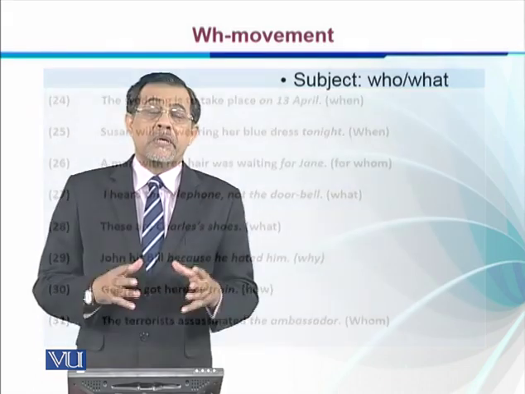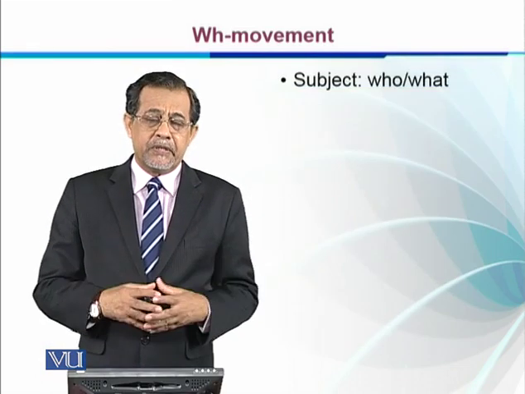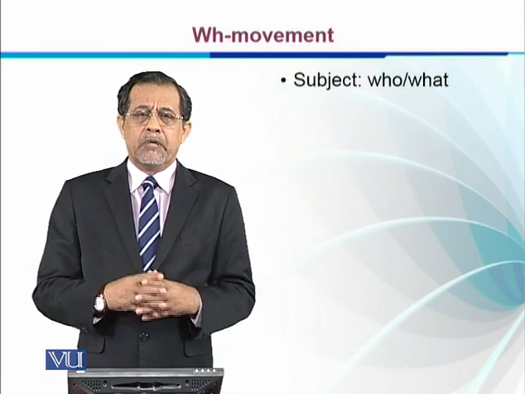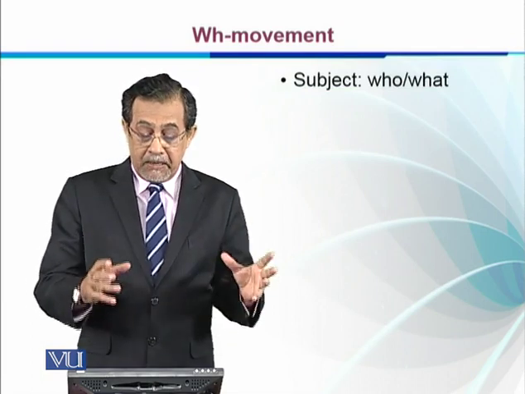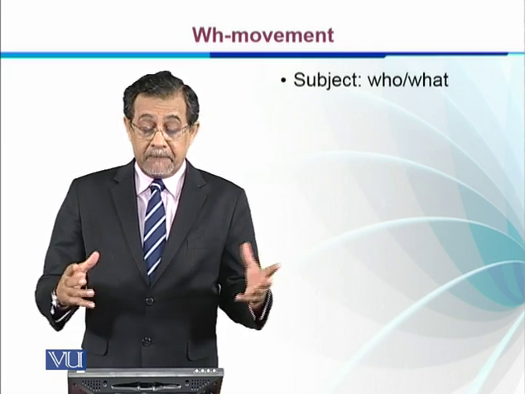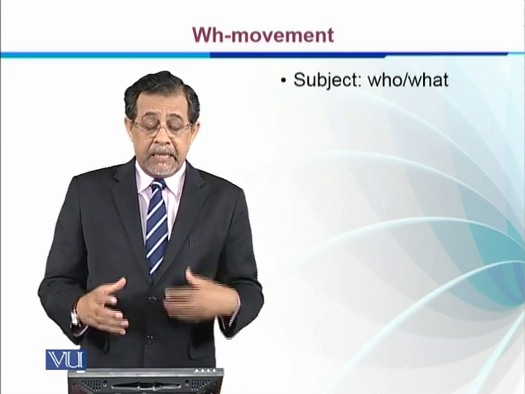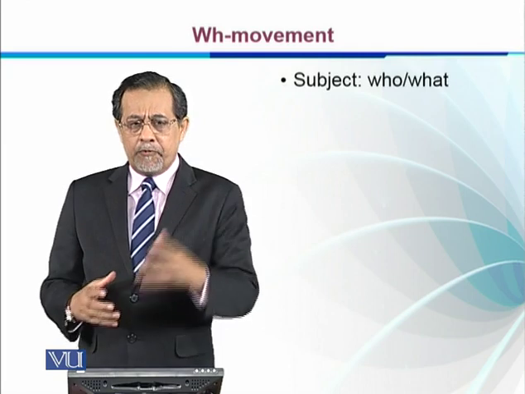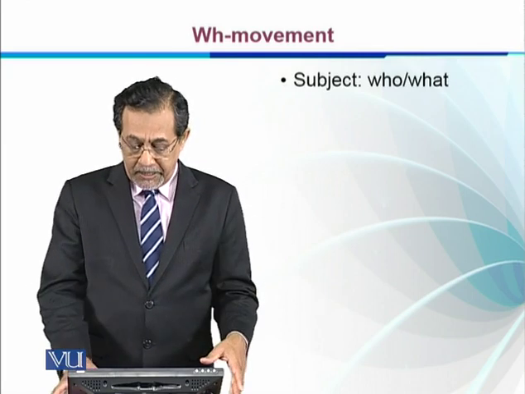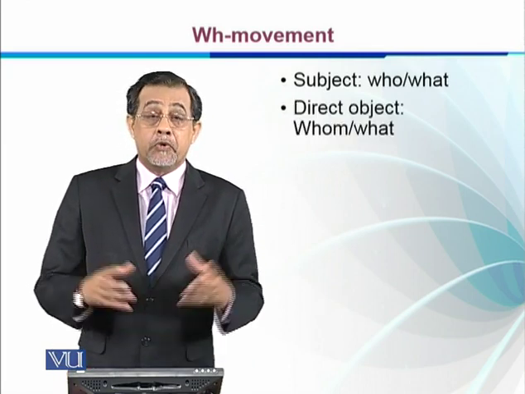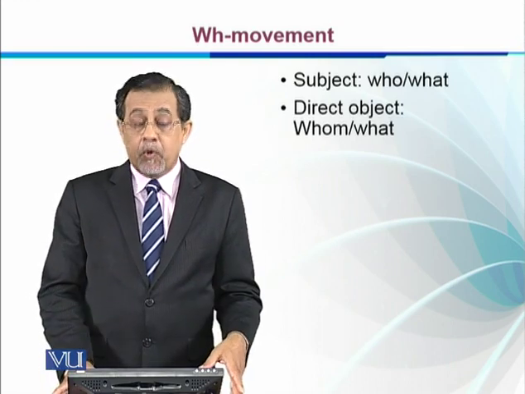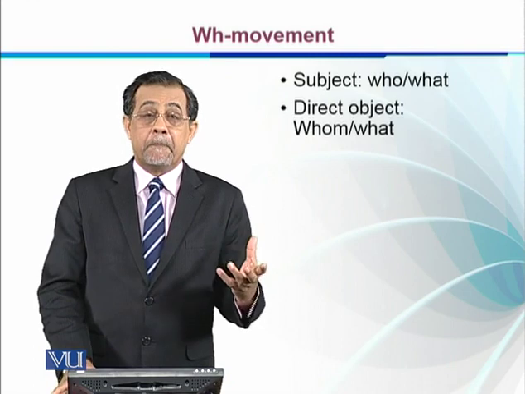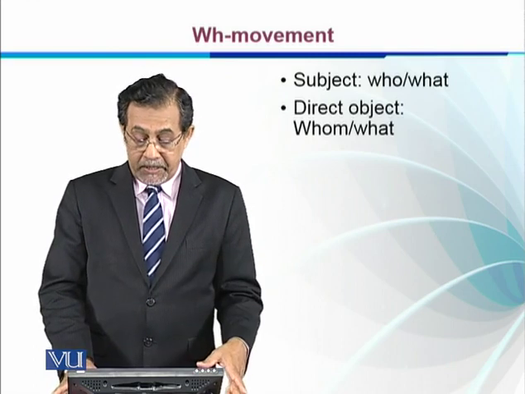If we look at this in terms of the constituents of the sentence, we have certain WH words if we do not know that constituent. For example, if we do not know the subject, we have either who or what: who for a person and what for a thing. If we do not know the object, whether direct or indirect, we have whom or what: whom for a person and what for a thing.